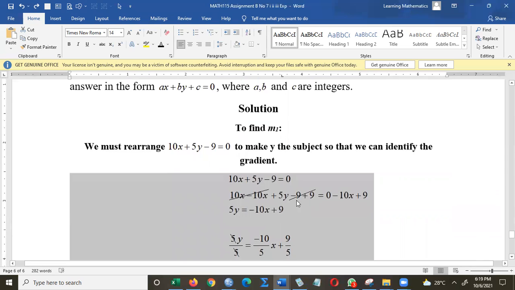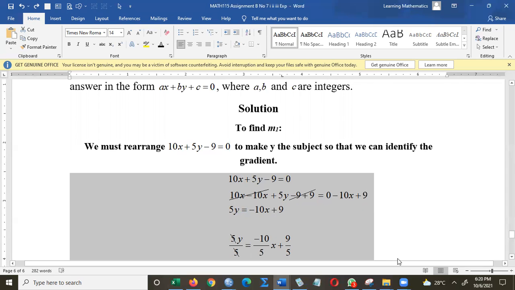Remember it is y we're trying to make the subject of the formula, and y is already positive, so we leave it right there. So we're going to cancel out 10x, and we're going to cancel out minus 9. 10x by subtracting, minus 9 by adding. Okay, subtract 10x on both sides, add 9 on both sides. So minus 10x and plus 9 is on the right side. So 5y is equal to minus 10x plus 9.